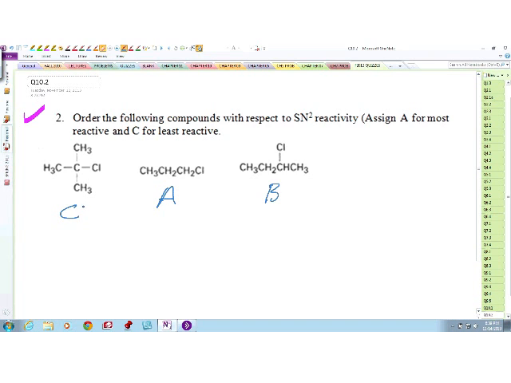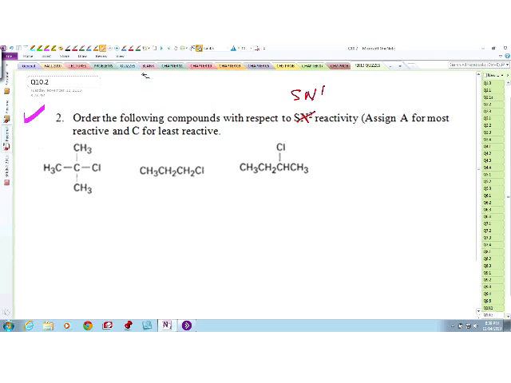Okay. Now, supposing I ask you, instead of SN2 reaction, I say order these with respect to SN1 reaction. What would it be? Let me erase this. Instead of SN2, I say SN1. So what would be the order?